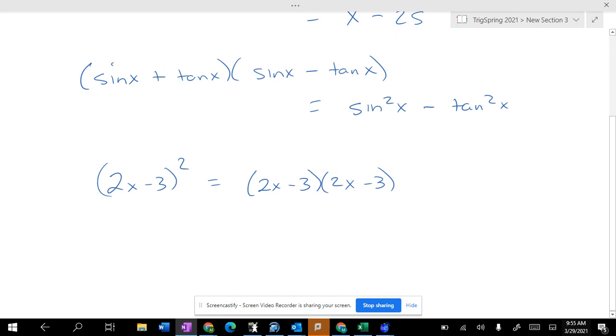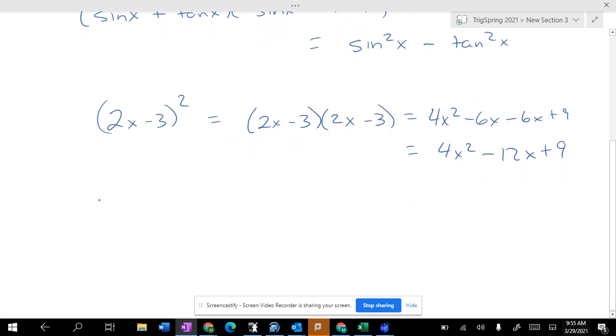So when you have a quantity squared, write it twice and FOIL. 2x times 2x is 4x squared. Outers is minus 6x. Inners is minus 6x. Last times last is plus 9. So it's 4x squared minus 12x plus 9. Okay? So this is just a review of Algebra 2.